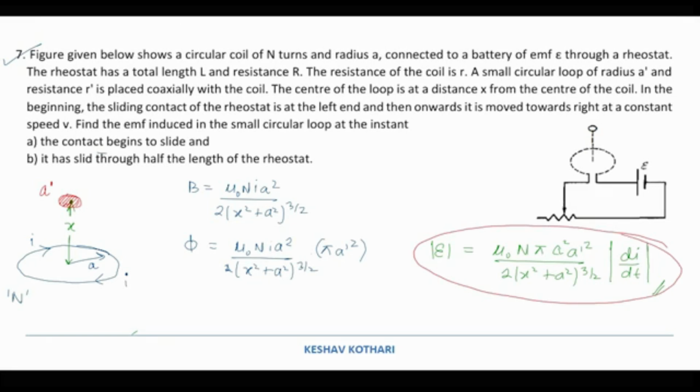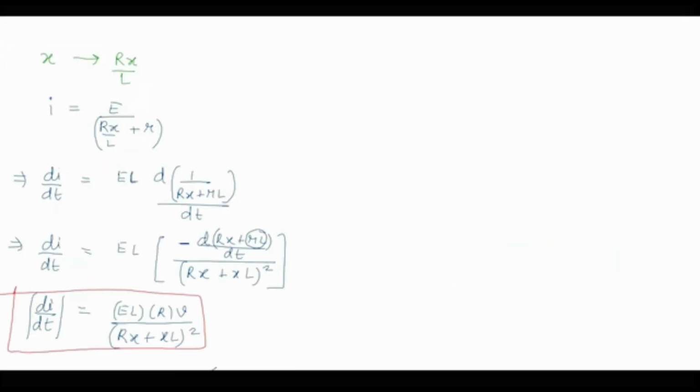So the EMF induced can be written as mu naught n pi a square a dash square upon twice of x square plus a square to the power 3 by 2 times E R L v upon Rx plus rL whole square.